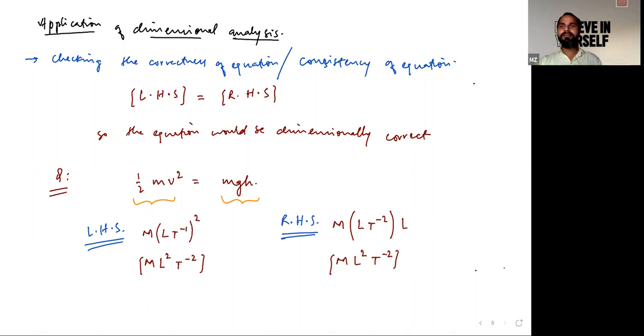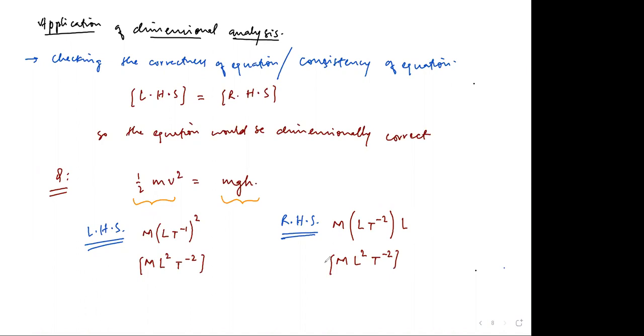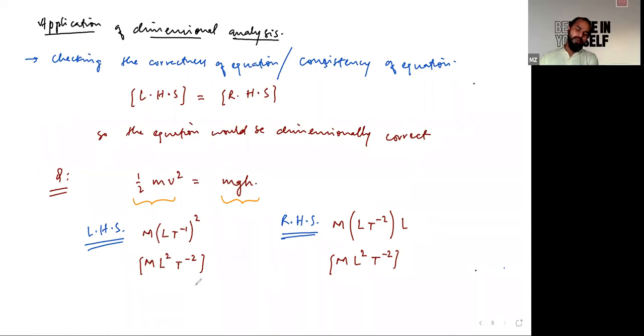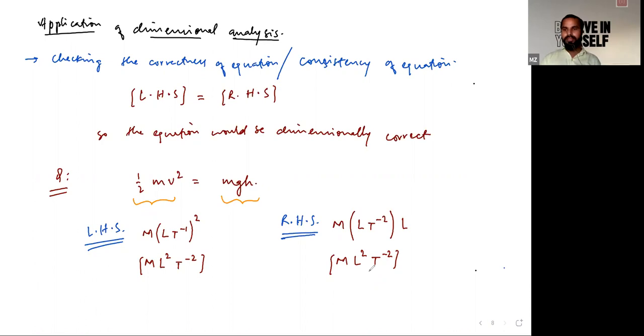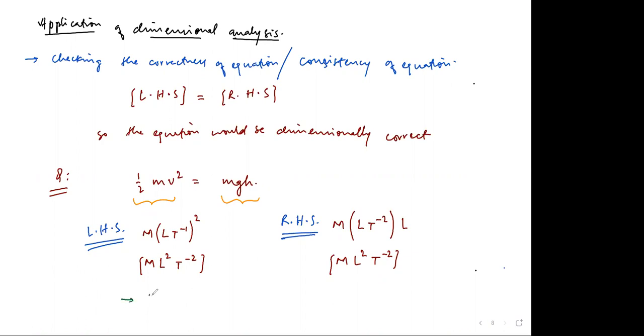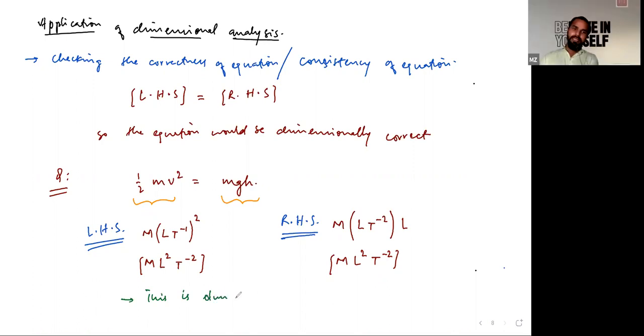Is it clear for us? Yes, sir. Just compare whether the dimension on left hand side and the right hand side are equal or not. Equal, equal. So we can say this particular expression is dimensionally correct. Okay. So this equation is dimensionally correct. Is it clear, Ellen? Yes, sir.